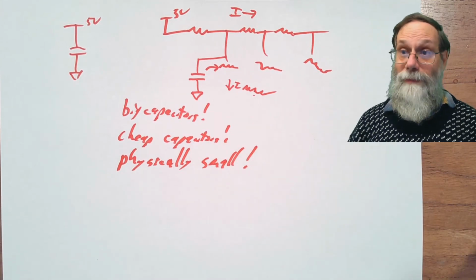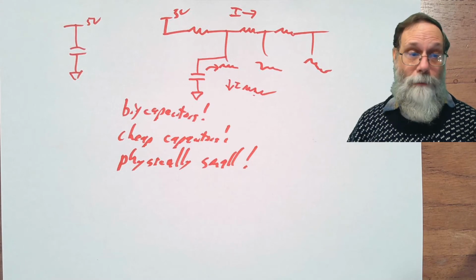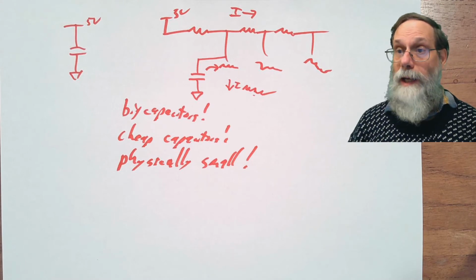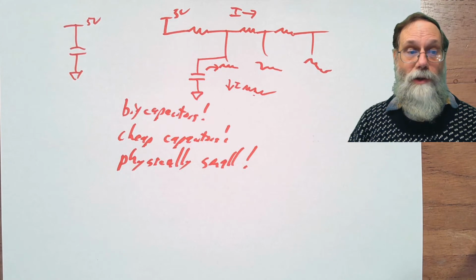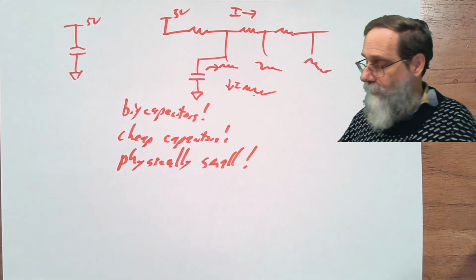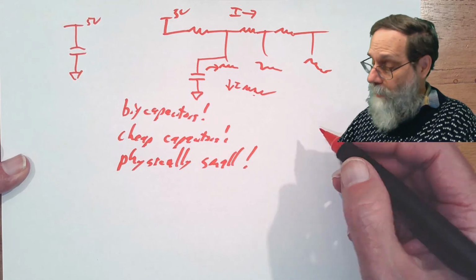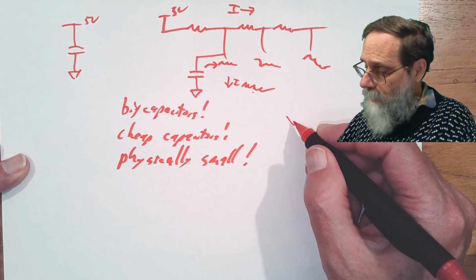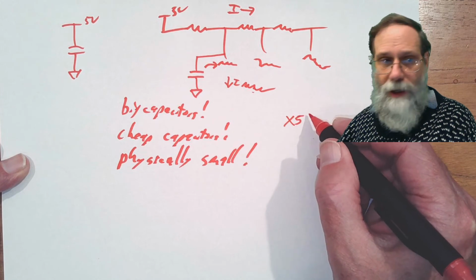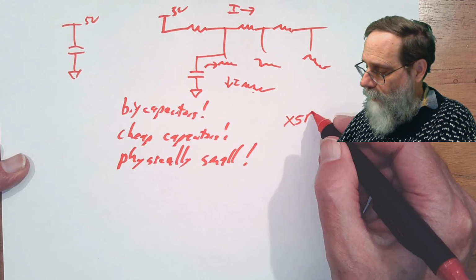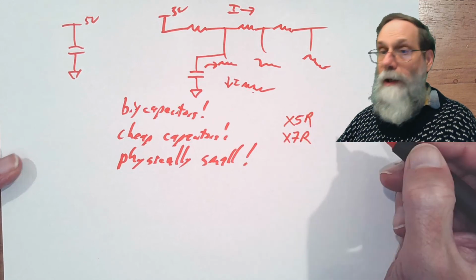Well, you don't. But the usual trade-off is to use the high dielectric constant ceramics. So I looked on DigiKey to see what were the most popular capacitors, and the most popular capacitors were the X5R and X7R capacitors.